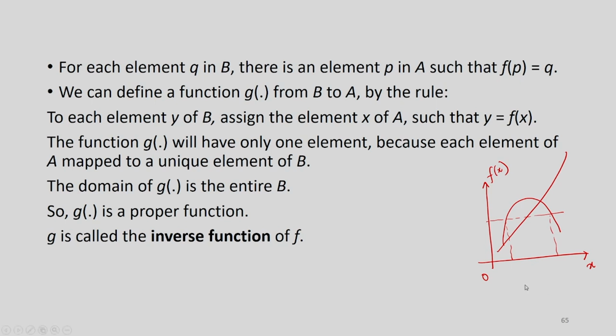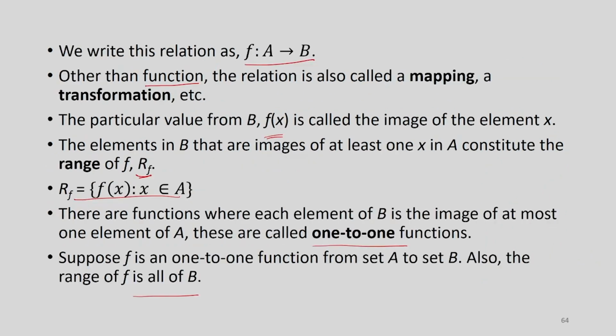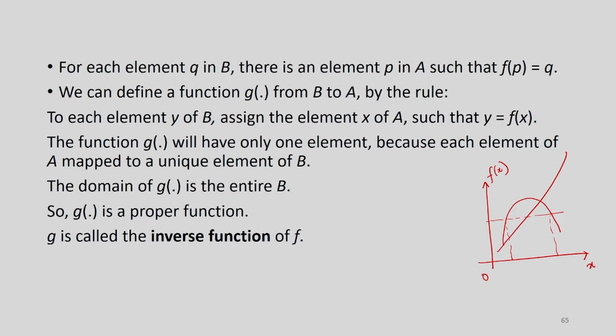The function g will have only one element because each element of A is mapped to a unique element of B. The domain of g is the entire B, because we have seen in the previous slide that the range of f is all of B. So, the entire set B is covered in the range, and therefore it can serve as the domain.